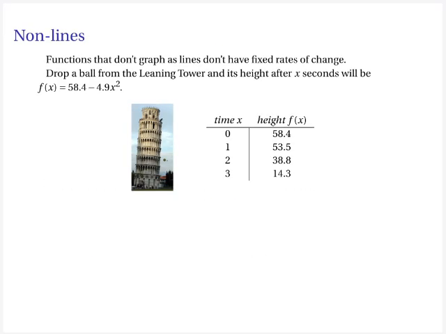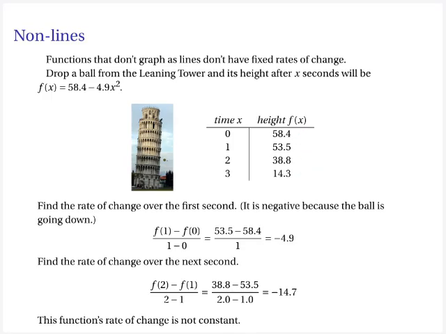Now that, of course, contrasts with non-lines. Functions that don't graph as a line don't have a fixed rate of change. The classic example is Galileo dropping the ball off the Leaning Tower of Pisa. I got this goofy picture off the internet, and I used the formula for calculating the rate of change of a dropped ball here, and I got these numbers from the formula. I'm going to find the rate of change over various time spans, and what's important here is that it is not going to be the same from time to time.